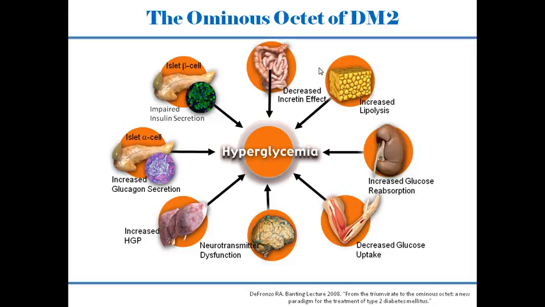There is the ominous octet of DM2. Diabetes mellitus has an ominous octet. This is the mechanism by which hyperglycemia takes place in type 2 diabetes mellitus. We have impaired insulin secretion, and there is increased glucagon secretion, which we have talked about.